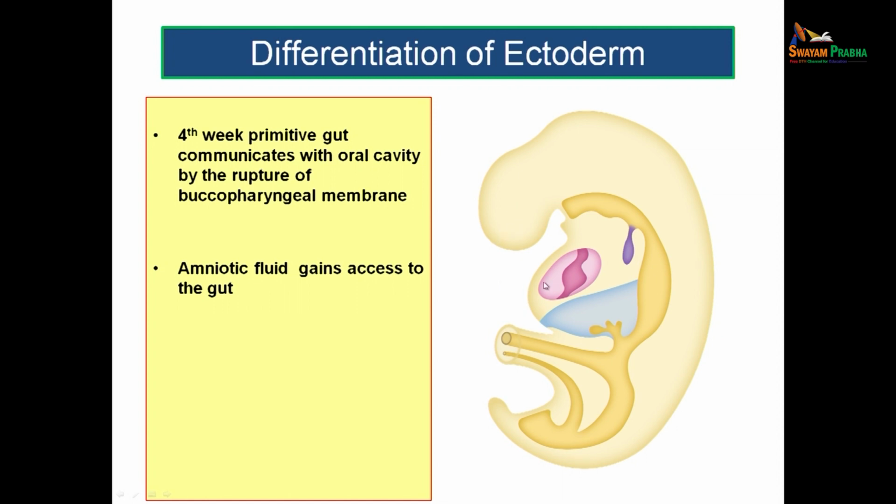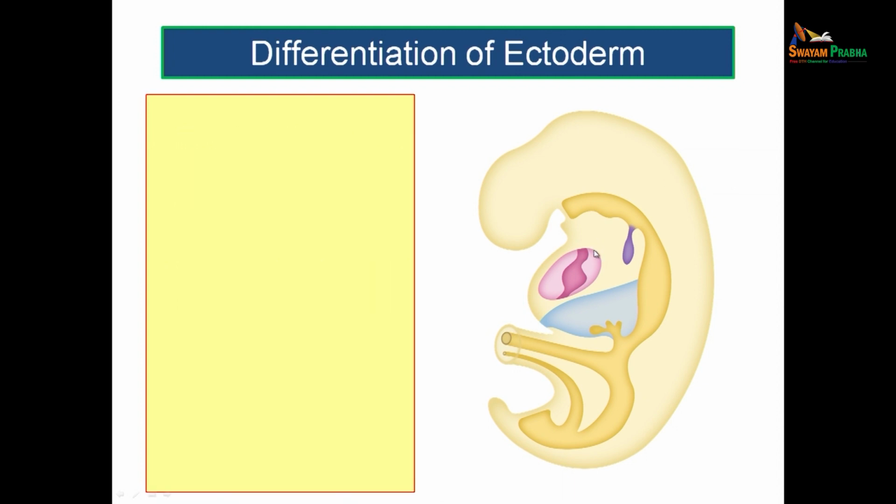The fetus will be able to swallow the amniotic fluid, and the amniotic fluid will be entering into the gut tube. Till now the placenta is yet getting established, so the nourishment should be provided from some other sources as well. So as the buccopharyngeal membrane ruptures, the amniotic fluid will be gaining access into the primitive gut, and this will help in the nourishment of the primitive gut.